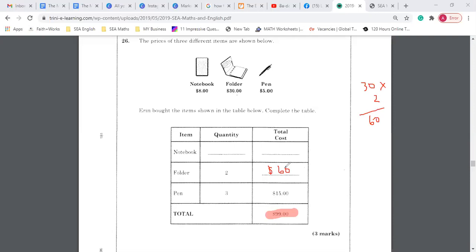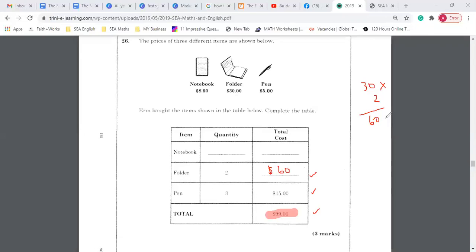So this is what we're gonna do. We know the total and we know parts of the whole, right? The whole is 99, the parts are 60, 15, and now we need to figure out this part here. So this is what we do.